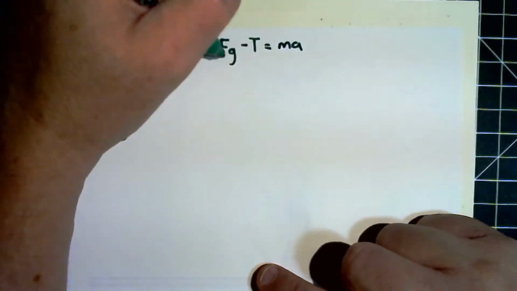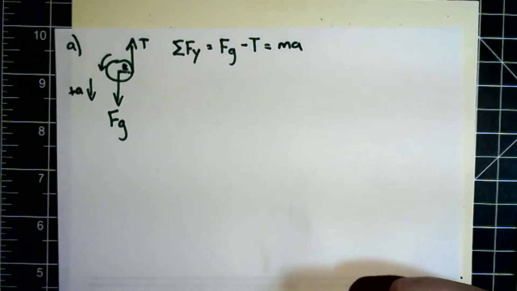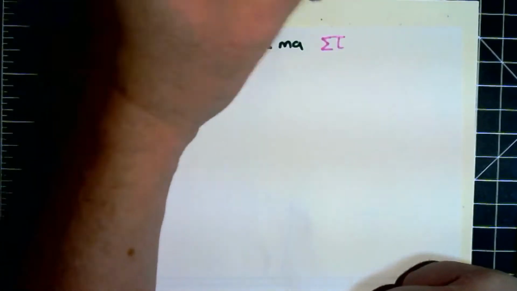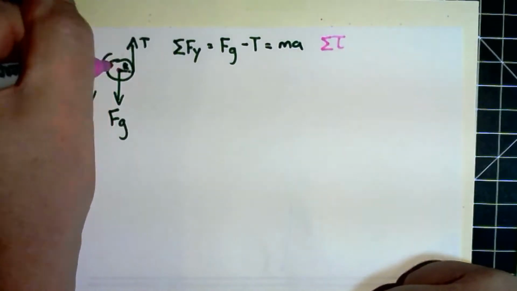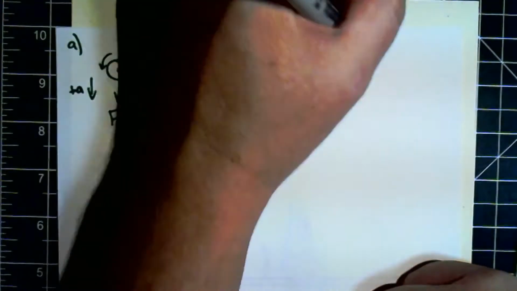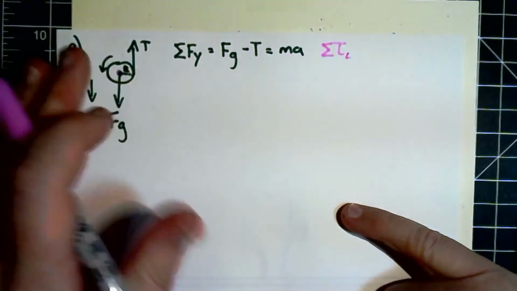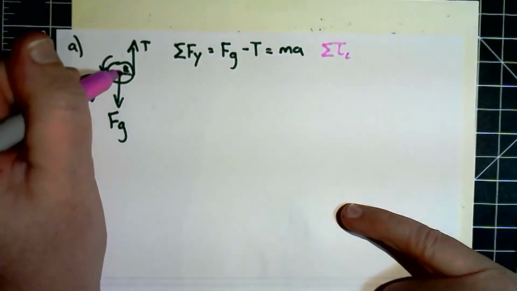Right, now there's not much use in this right now, so let's look at an equation that talks about the rotation. And so I'm going to do the sum of the torques for this thing, and we're going to do it about the center point. Usually you always want to do it about the center. So ignoring the fact that it's moving down, let's just look at what forces actually cause it to rotate around this center point.